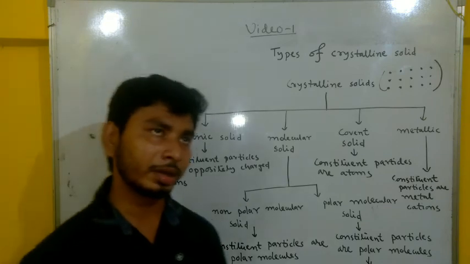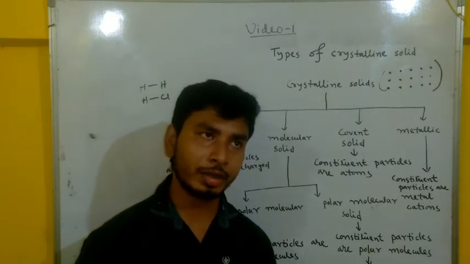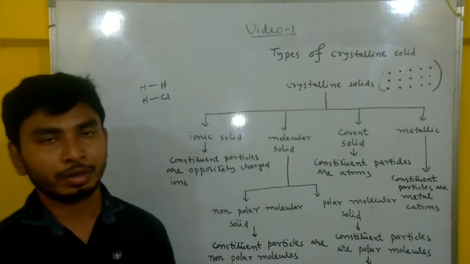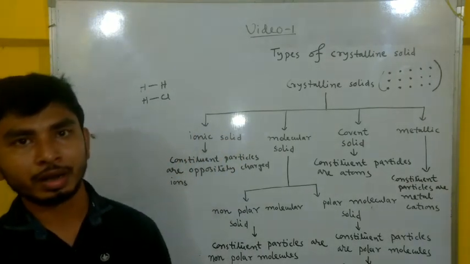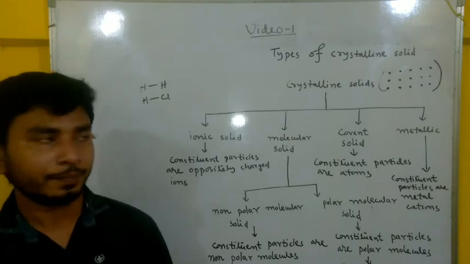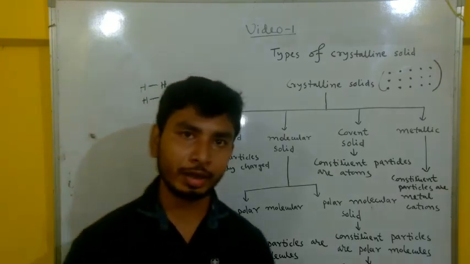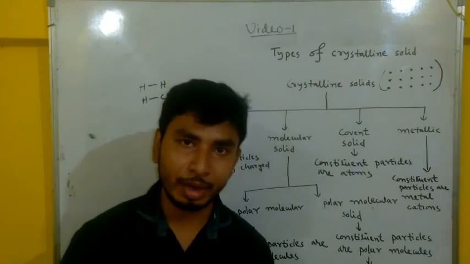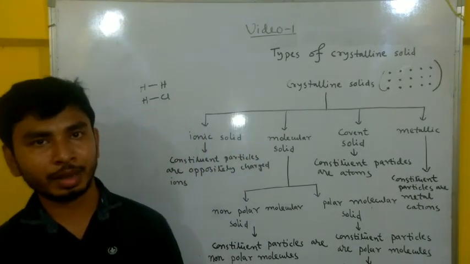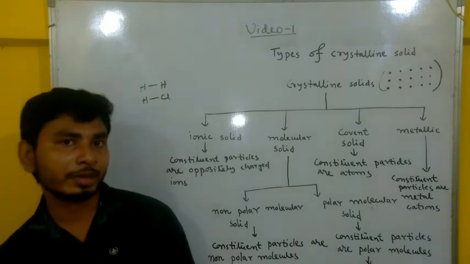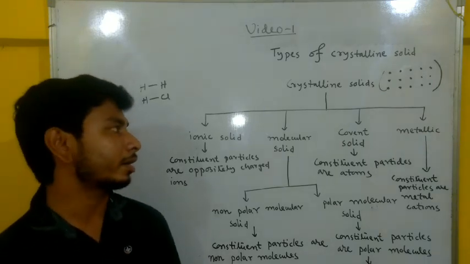But in this chapter we will discuss in detail the crystalline solid. Amorphous solid is not under our discussion topic, so it is not discussed in detail. We just have the basic idea of the amorphous solid, and we have to discuss in detail the crystalline solids.